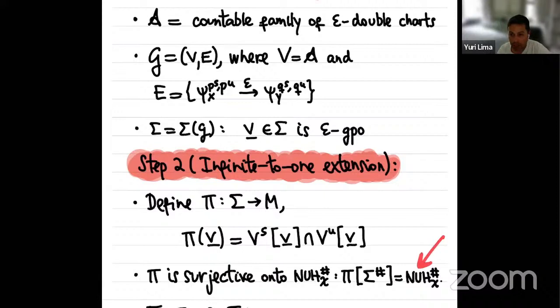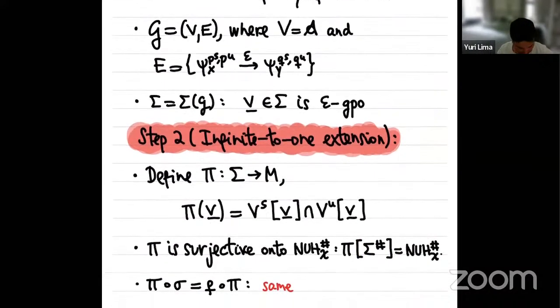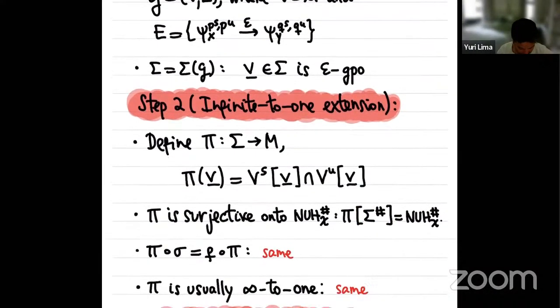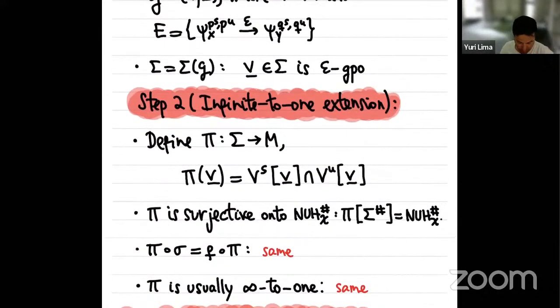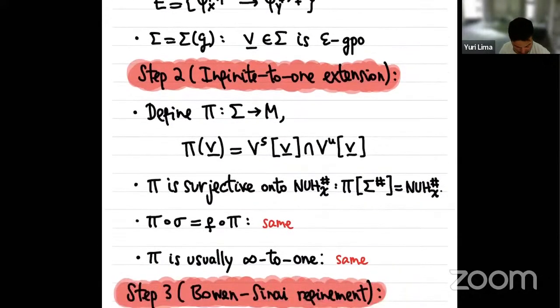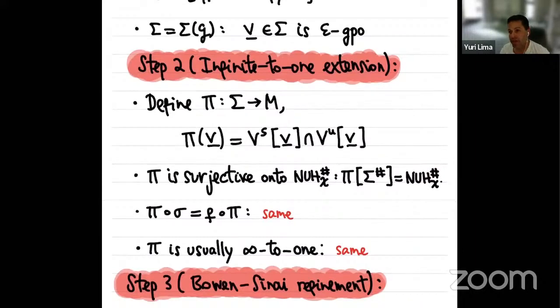We do not require that, and by not requiring it, we get a bigger set that actually identifies the image. Well, this pi is a coding that defines an extension of our original map, so the commutativity relation remains true for the same reasons. And as before, pi is usually infinite to 1. So now we have to do the third step, which was the Bowen-Sinai refinement.